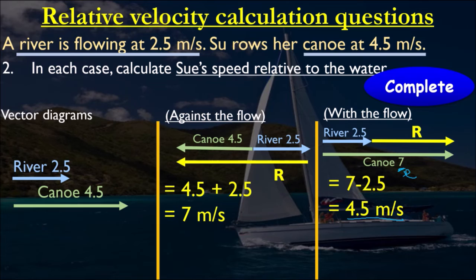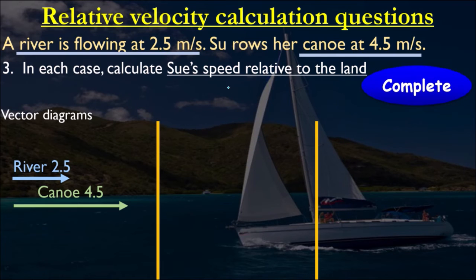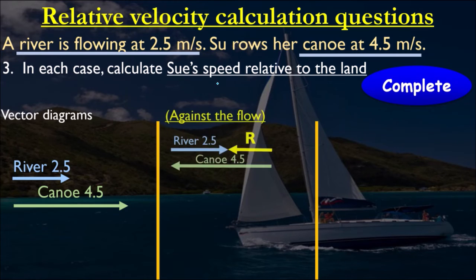Okay, so let's go to our last part of the question, and that's what is Sue's speed relative to the land? If we're looking at the perspective of a stationary observer on land and looking at how she's rowing her boat, we can draw the vector diagrams somewhat like this.